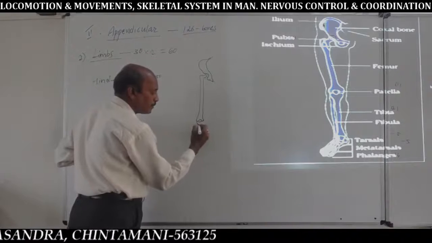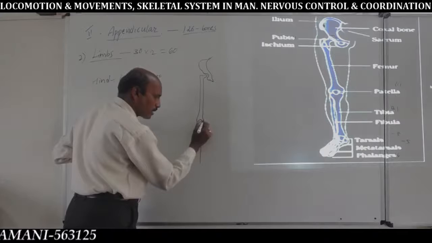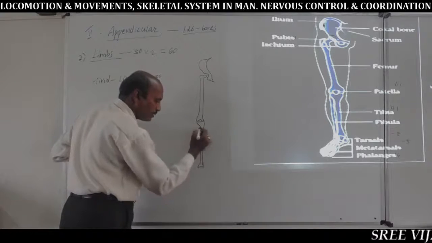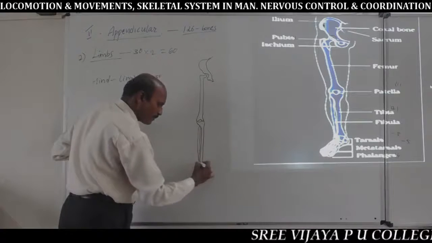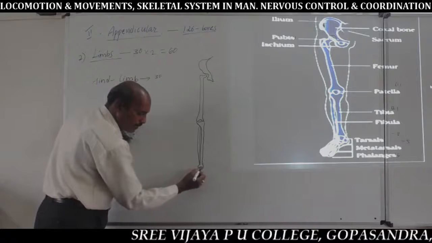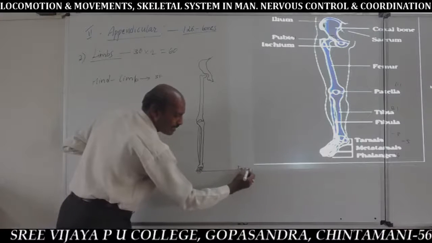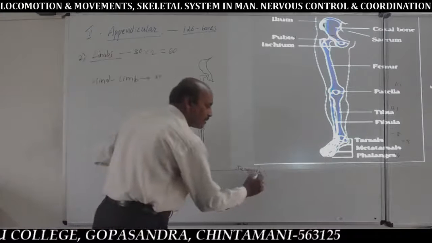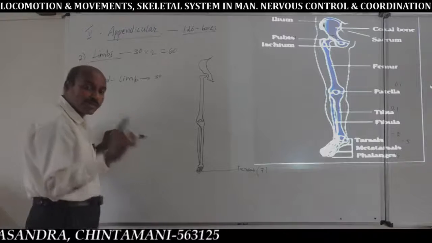This femur bone is connected to the tibia and fibula. And below it, very important, tarsals, not carpals, so tarsals, but very important, they are 7 in number.